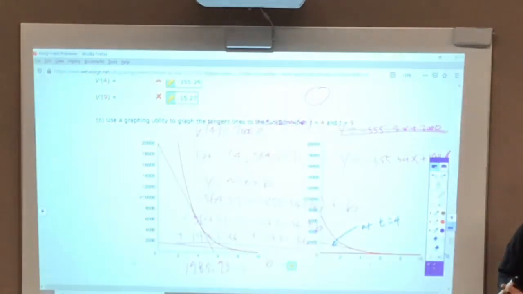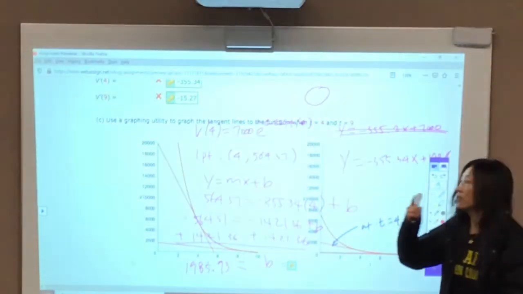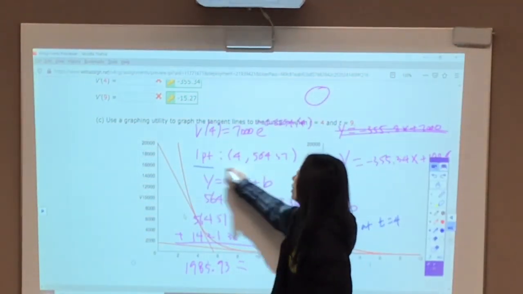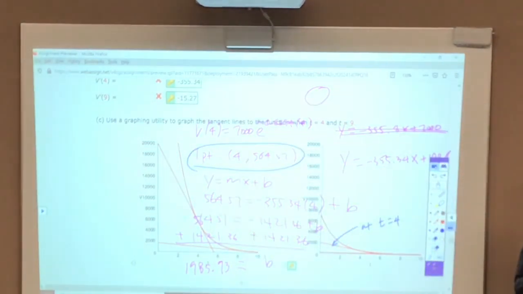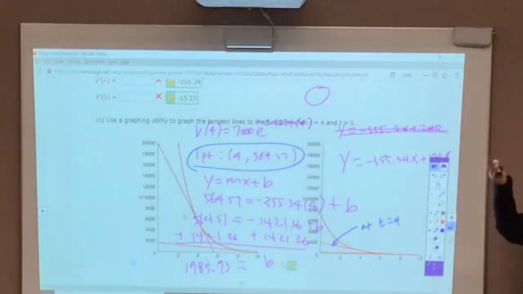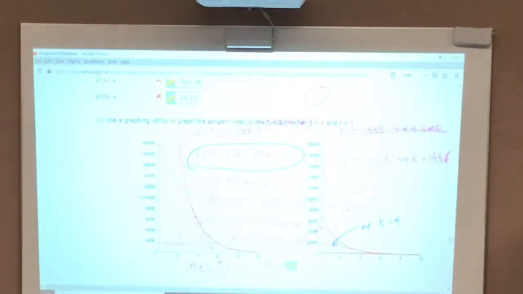So the other one, what do you do? Plug in 9 to figure out the 1 point that you need. You have to have this point, otherwise you cannot find your tangent line. Are you with me, class? Yes. Because your step 2 gives you a slope. Slope alone cannot find your tangent line. Tangent line is what? Slope plus what? 1 point. Is everybody with me?